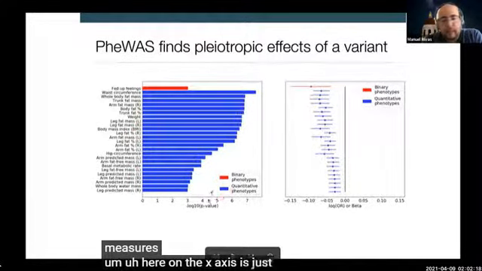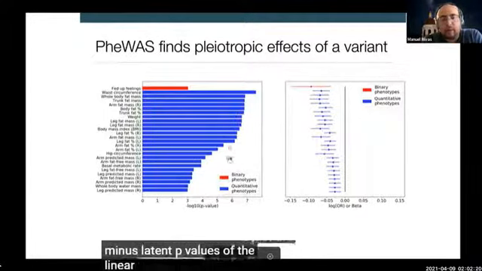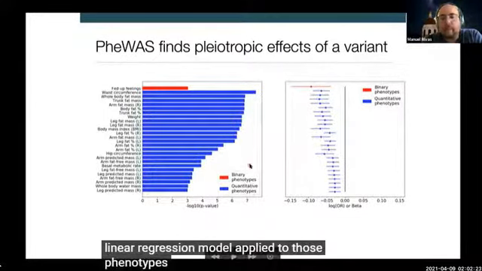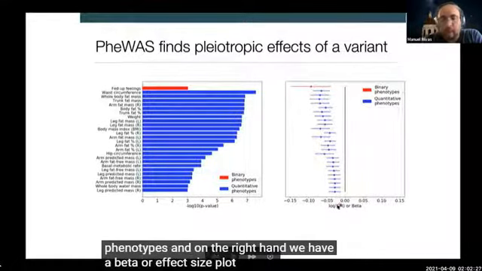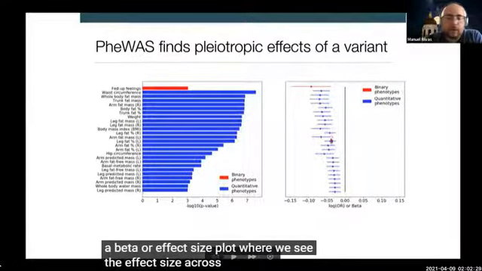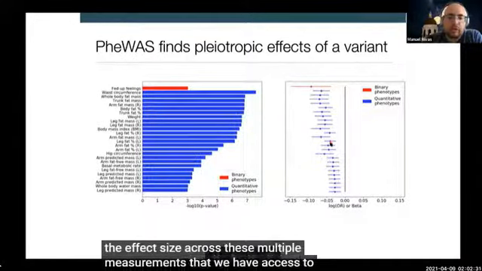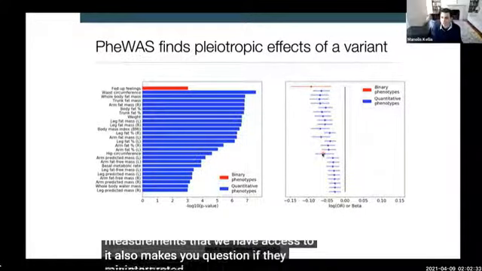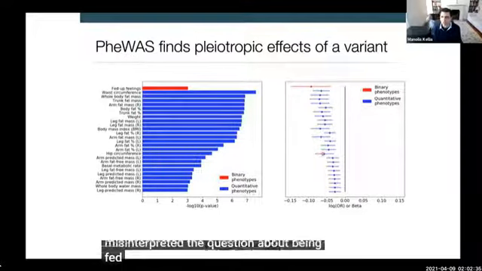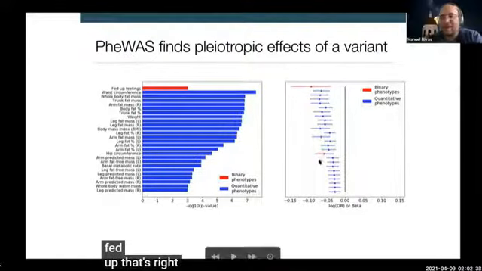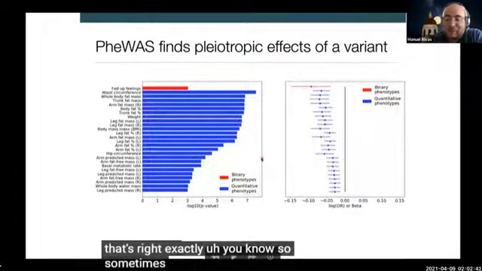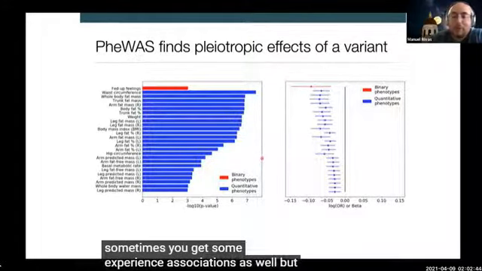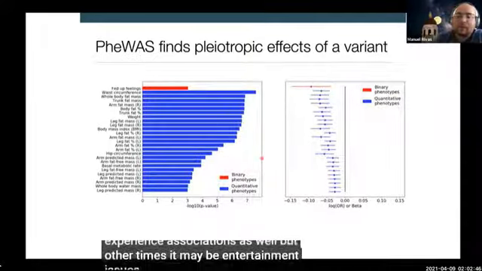On the x-axis is the minus log10 p-values of the linear regression model applied to those phenotypes, and on the right-hand side we have a beta or effect size plot, where we see the effect size across these multiple measurements. It also makes you question if they misinterpreted the question about being fed up. That's right. Exactly. So sometimes you get some spurious associations as well, but other times it may be ascertainment issues.